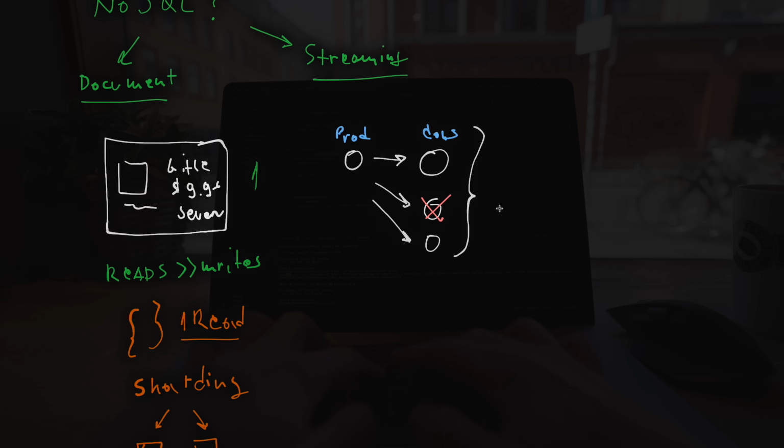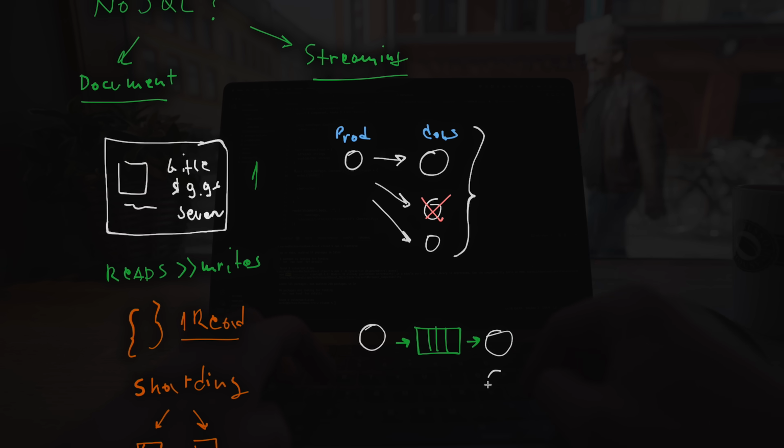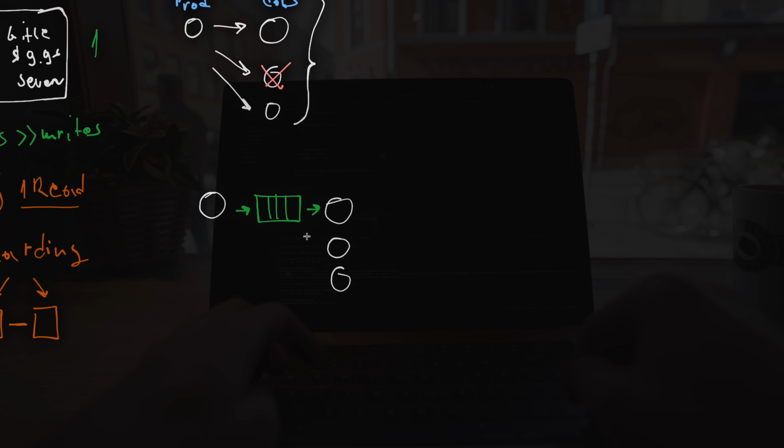To solve that problem, what you actually do is between your producer and your consumer, you put something like a queue. And this queue is actually a streaming database where a producer can simply save into this database, and the database will ensure that the messages are delivered to any consumers on the other end. And you might have many consumers. Each consumer can actually subscribe to the database, thus relieving the producer from the burden of having to know who the consumers are.